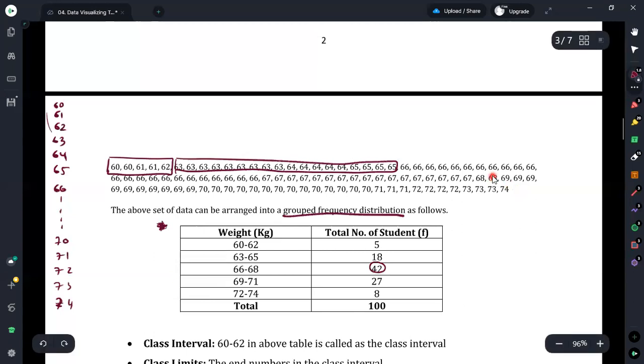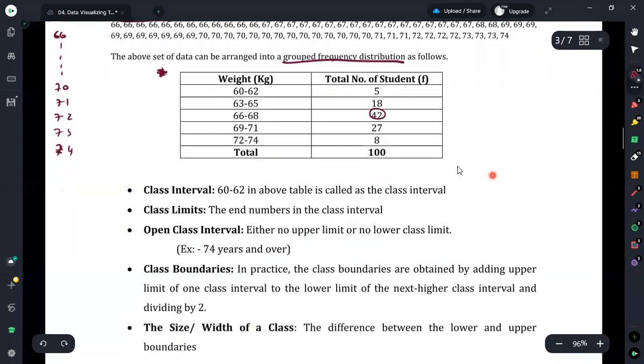Now we will move on to the discussion of the terminology used in this frequency distribution. The first thing is the class interval. Explaining it using this example, 60 to 62 in the above table is called a class interval.